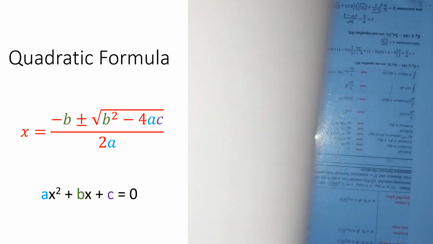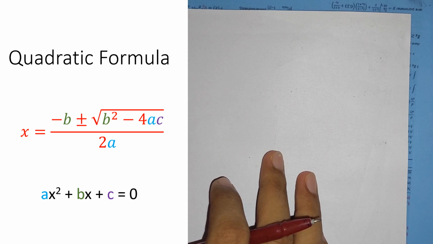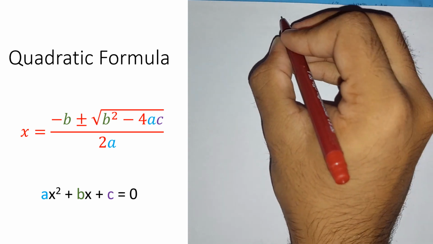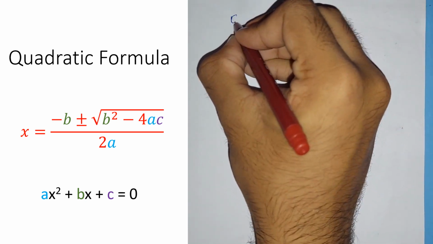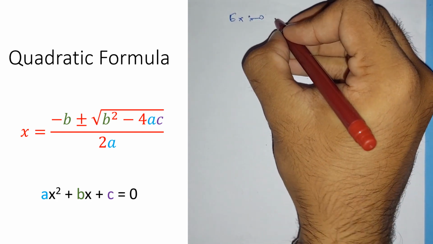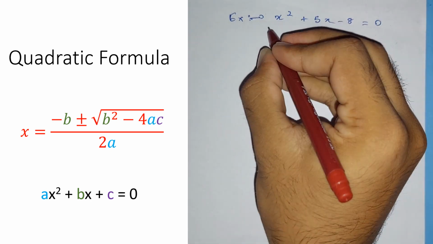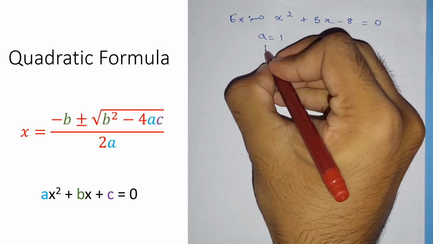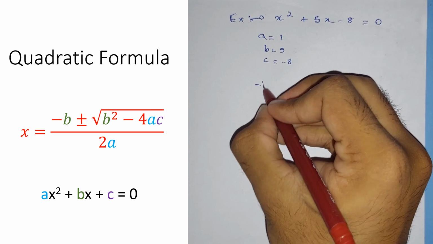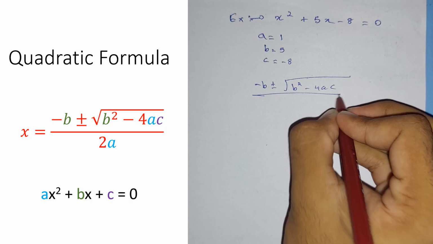So let's take another example. This time x squared plus 5x minus 8 equals 0. So we get a as 1, b as 5 and c as minus 8. So x equals minus b plus or minus square root of b squared minus 4ac over 2a.